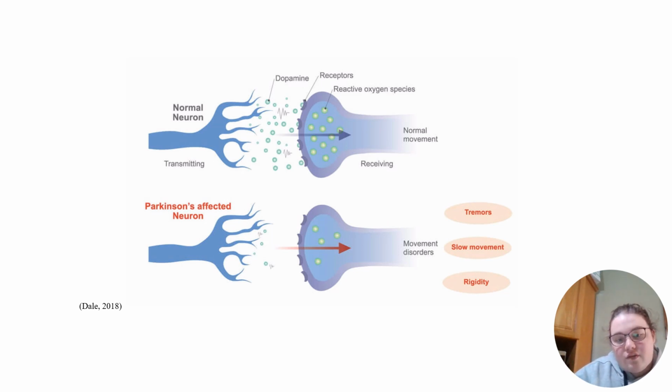In a Parkinson's affected patient, we don't have as many dopamine receptors heading to the other end of the synapse, which is when we get the tremors, the slow movement, the rigidity. So that is all happening at a cellular level. When you see a patient with Parkinson's disease, this is what is happening within their brain.